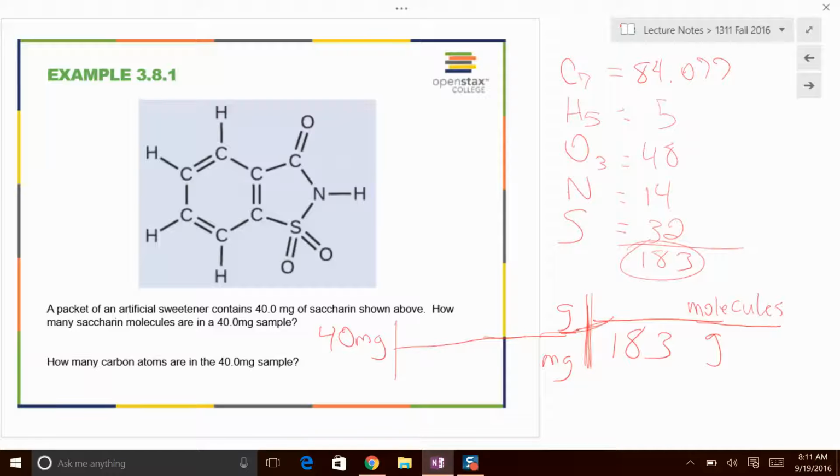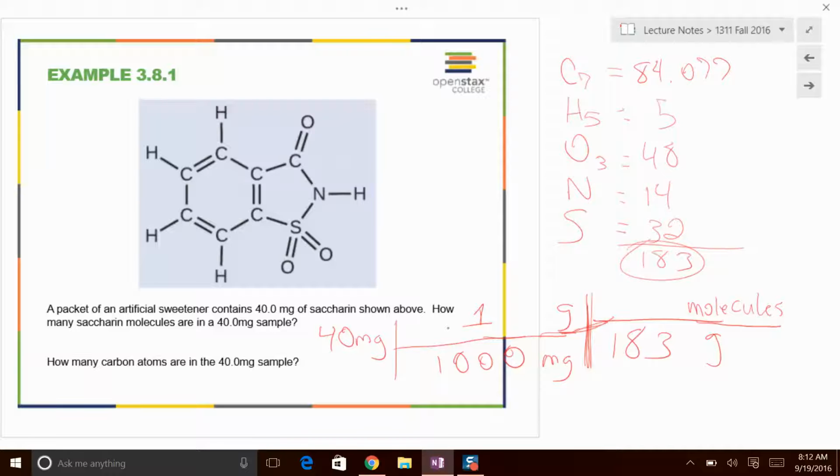So how many grams are in a milligram, or how many milligrams are in a gram? 1,000 milligrams in 1 gram. That's my first conversion. You should be familiar with milli. That's one we're going to use a whole lot in here.